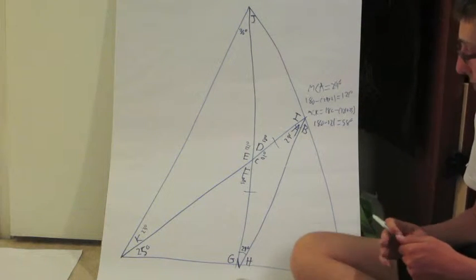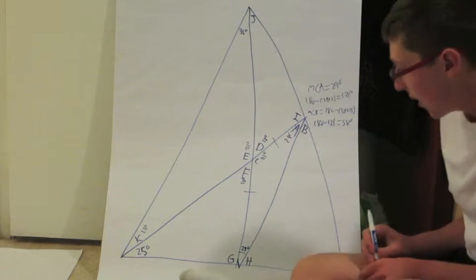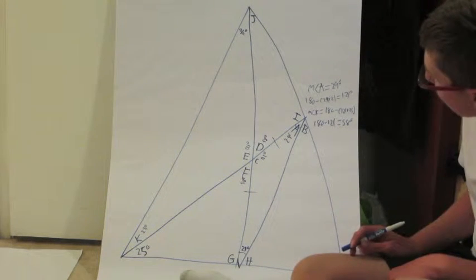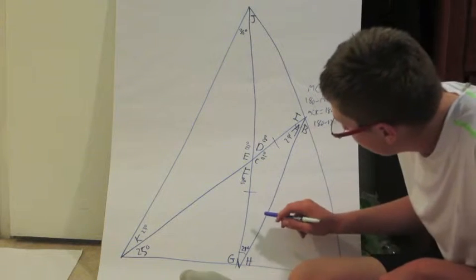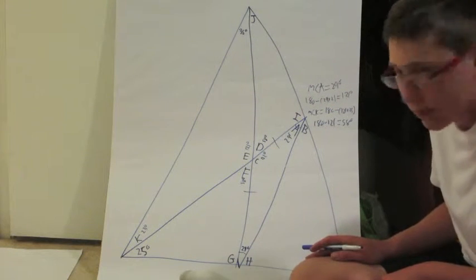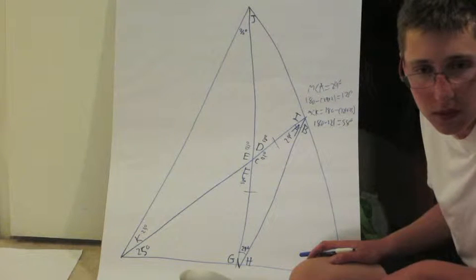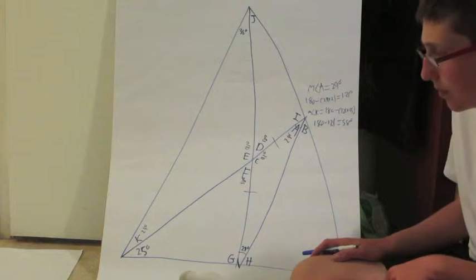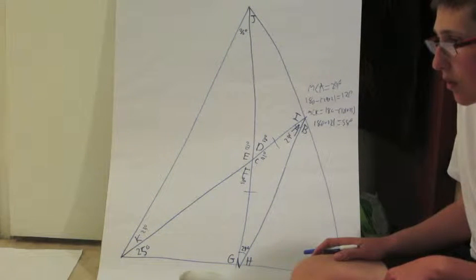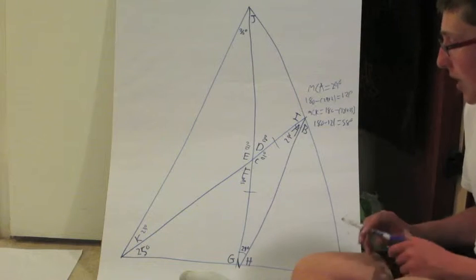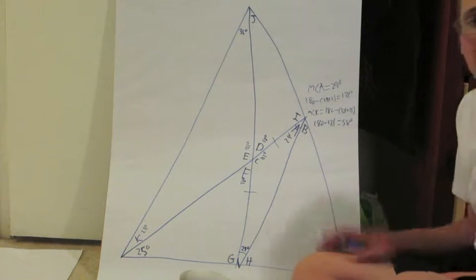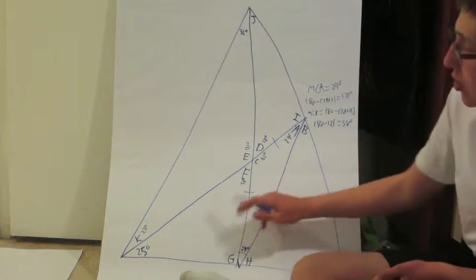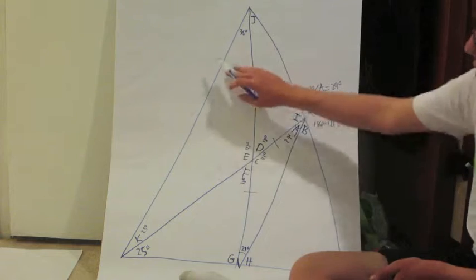The next angle that we can solve is angle G. Angle G we can solve because we know the measures of two of the angles of the triangle, similar to the previous one.